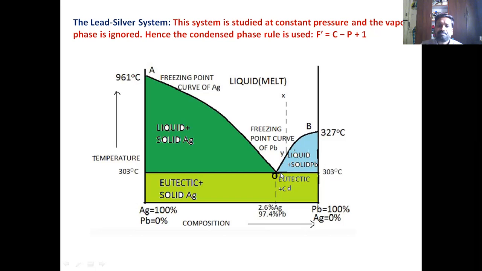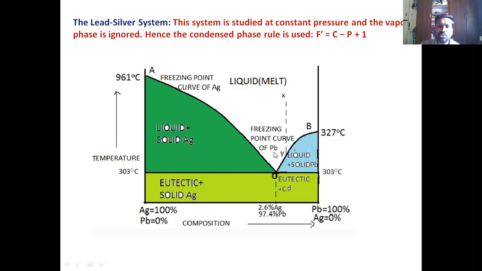In our water and sulfur phase diagrams, points like this represented triple points. Is it not? Water had one triple point, sulfur has three triple points. But here we don't use the term triple point because the phases are not in equilibrium in the true sense.